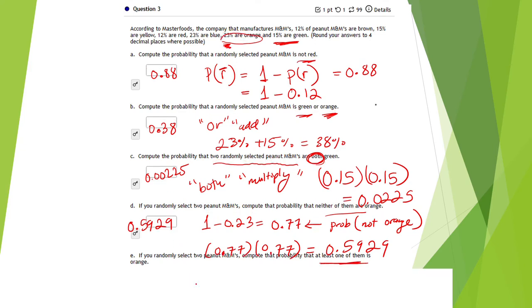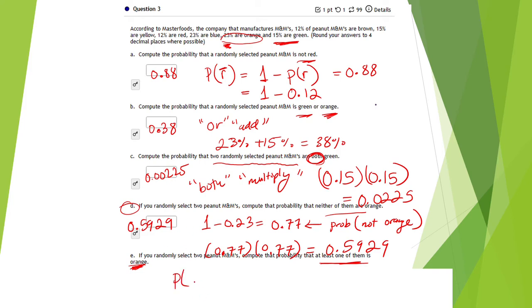For part E, if you randomly select 2 peanut M&Ms, compute the probability that at least one of them is orange. This one's a tricky question, so we're going to actually use part D to answer it. We are looking for the probability that at least one of them is orange. Well, this is actually the complement of the probability that none of them are orange. So we can use part D to answer this question.